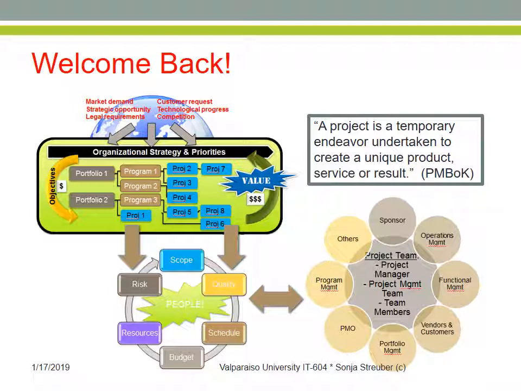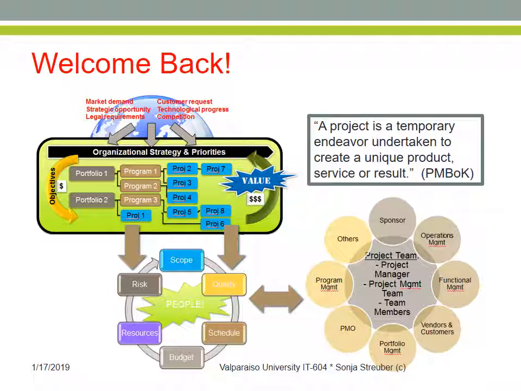We need to be concerned about project resources, of course, and most importantly project risk, because all of this has to do with people, and projects can only be successful and they can only produce what the green arrow shows here and the blue call out. They can only produce value if everything in this circle is managed well and if the people support this management and follow the mission of the project.